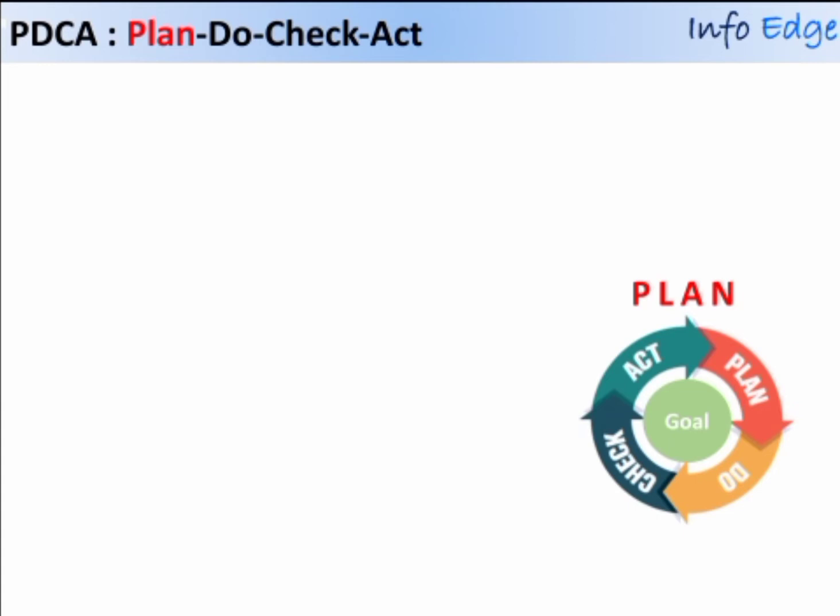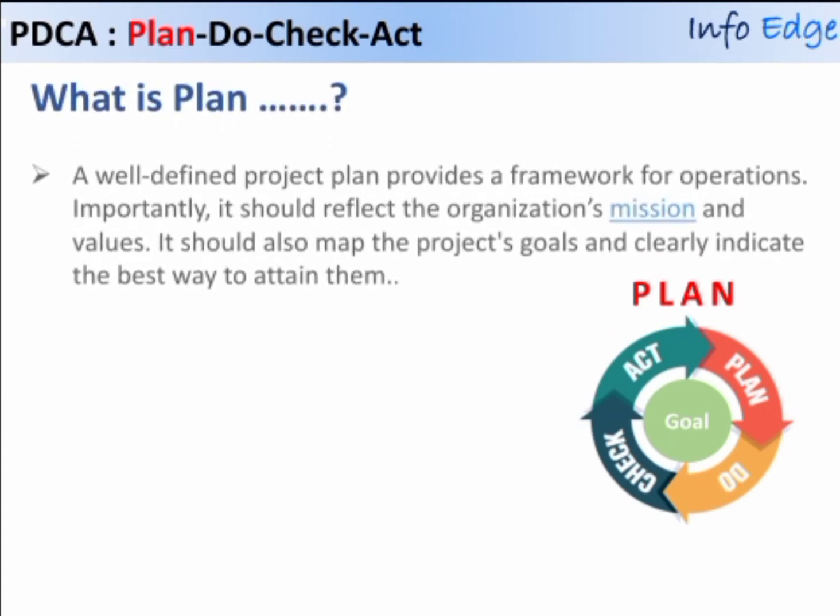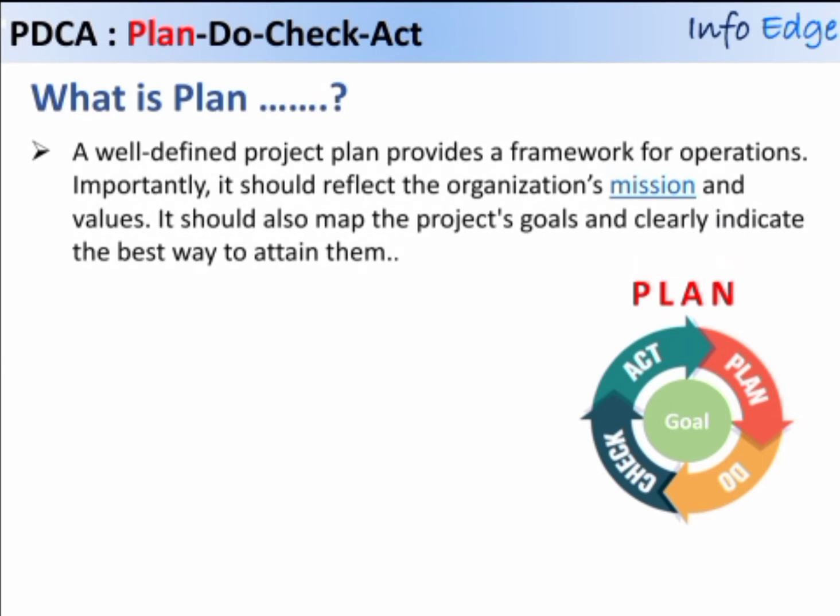So let's see the first step, Plan. A well-defined project plan provides a framework for operation. When we do any project, we have to make a proper plan for the particular project from the beginning till the end implementation of that project.